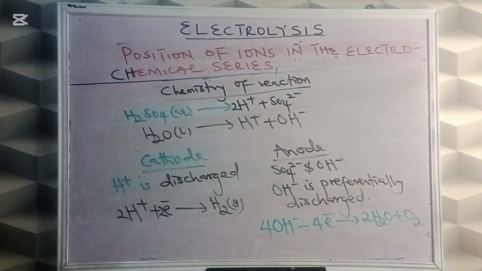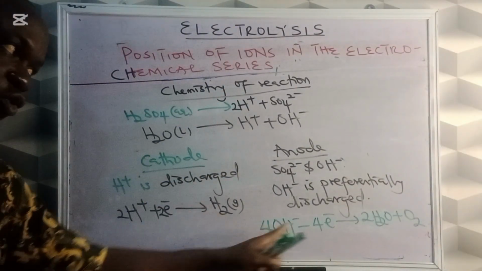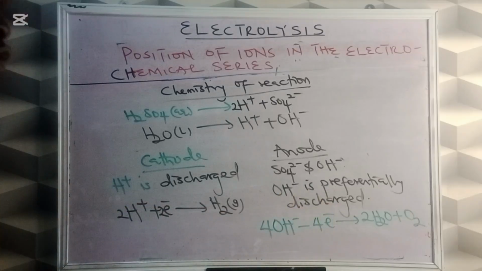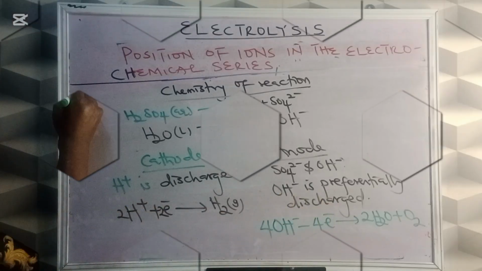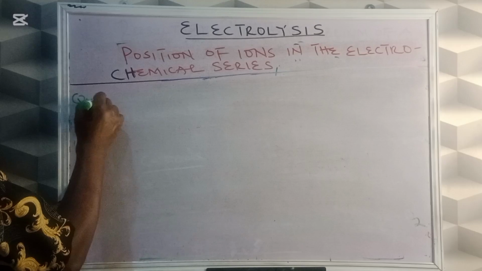So oxygen is liberated at the anode, and the volume of hydrogen to oxygen is always 2:1. Please take note of that.